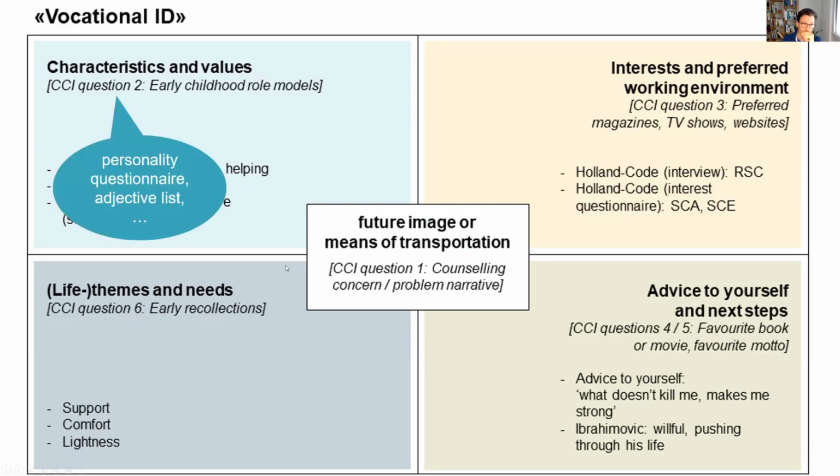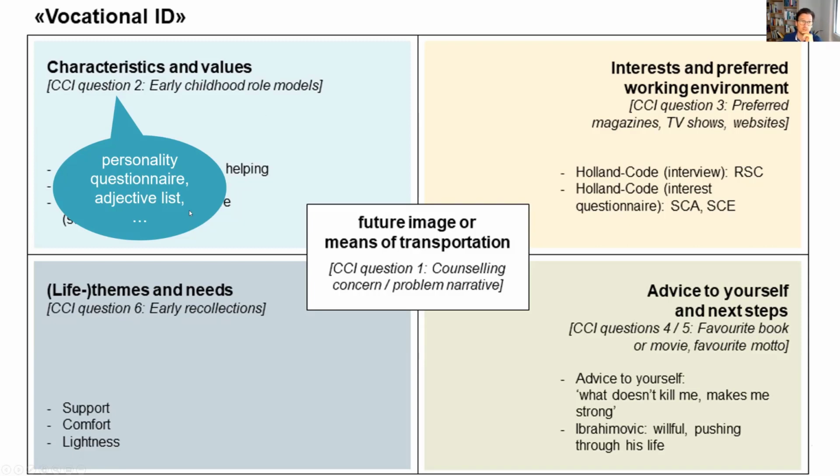I forgot here. I only went through the CCI, but of course, if you want to work with personality questionnaires or adjective lists, you can do it with the vocational idea, and then you get the insight out of the personality questionnaires or adjective lists.